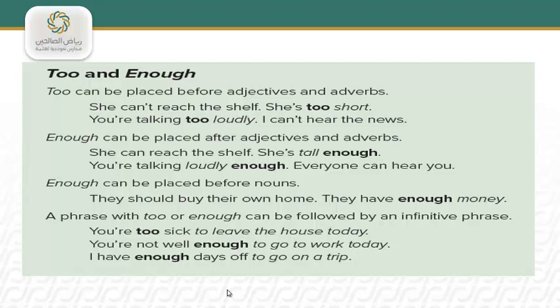Look, too short. Too comes before the adjective short. You're talking too loudly. I can't hear the news. Again, too is put here before the adverb loudly. How are you talking? You are talking too loudly. I can't hear the news.